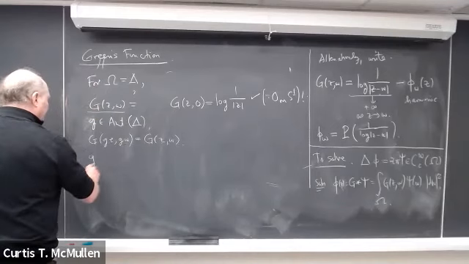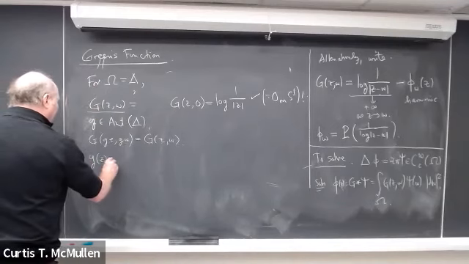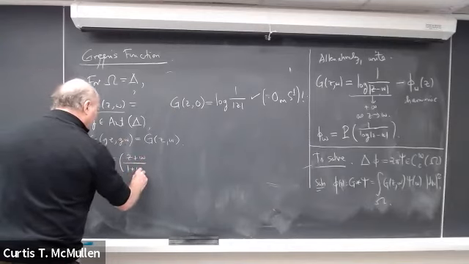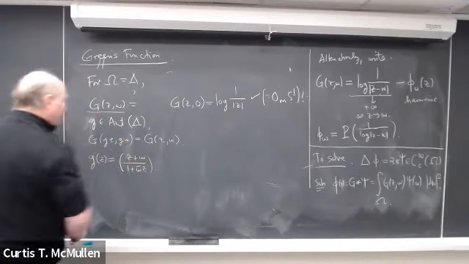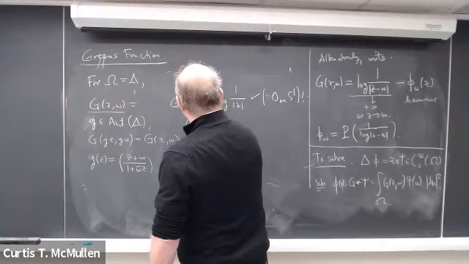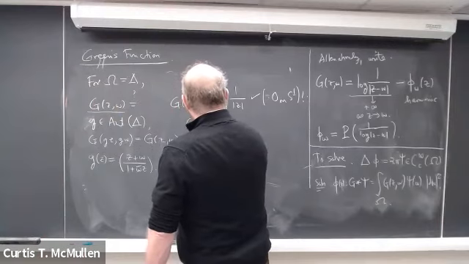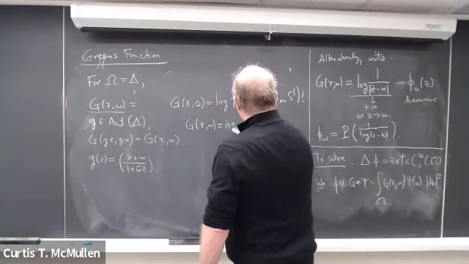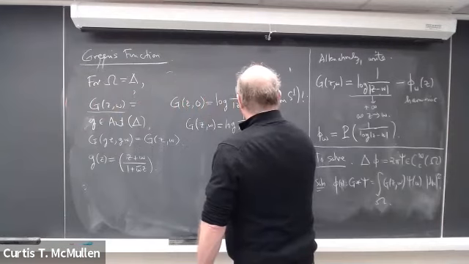So if we use g of z is z plus w over 1 plus w bar z, then that moves 0 to w, and what we find is simply that g of z, w is equal to the log of 1 over the absolute value of g of z.